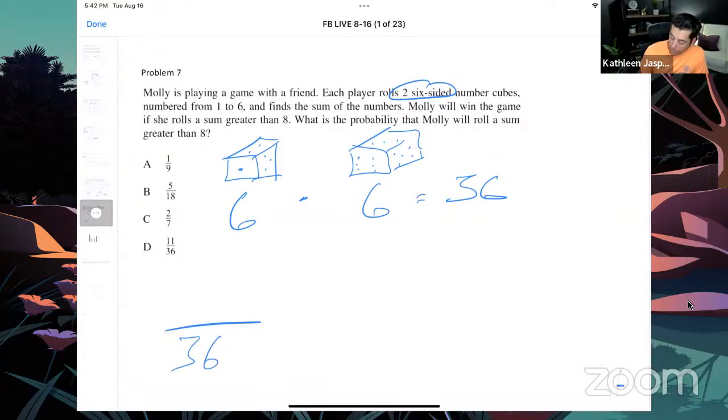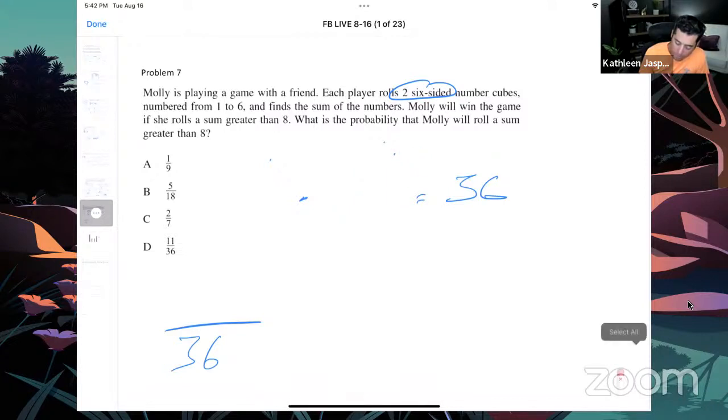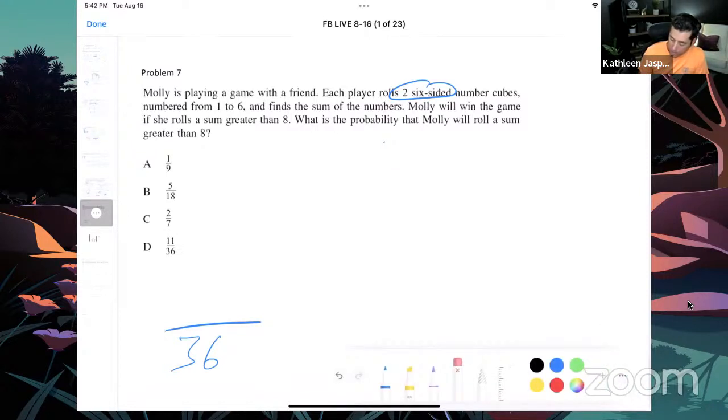Because of that, I need to figure out what greater than 8 would be. Unless you know this in your head, or you're very attuned to rolling numbers on dice, you've got to write it out.